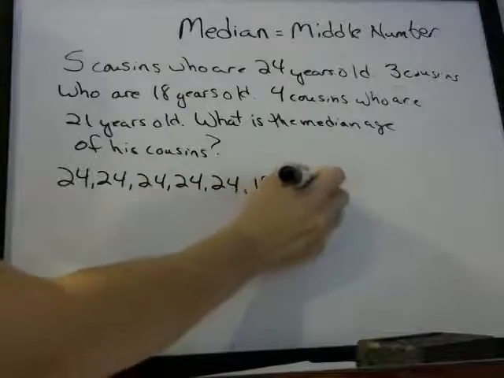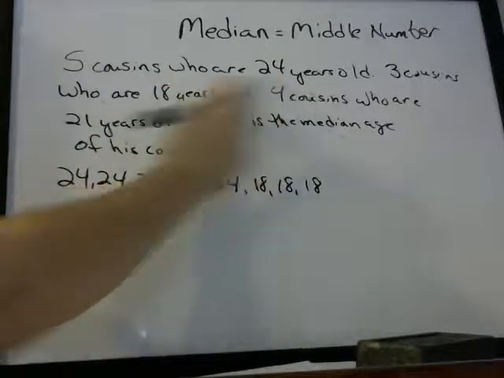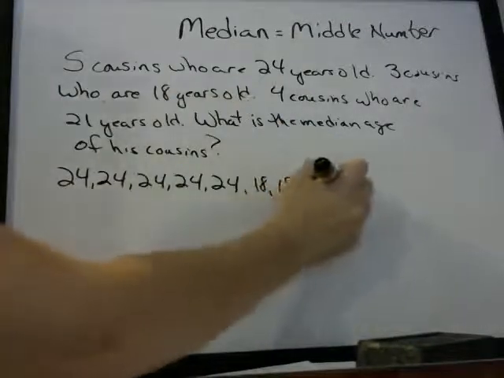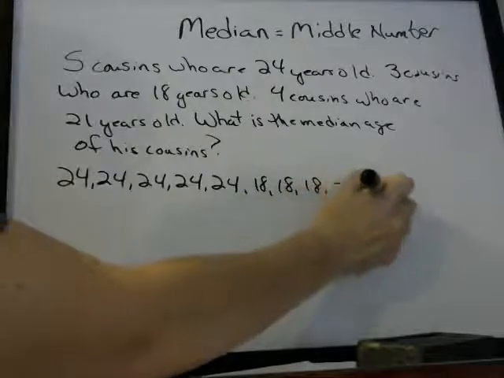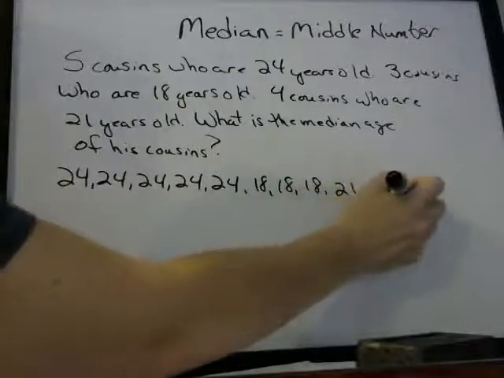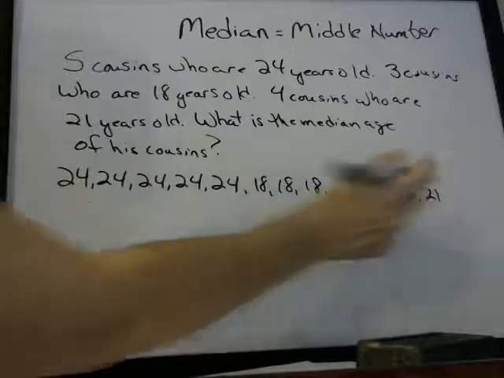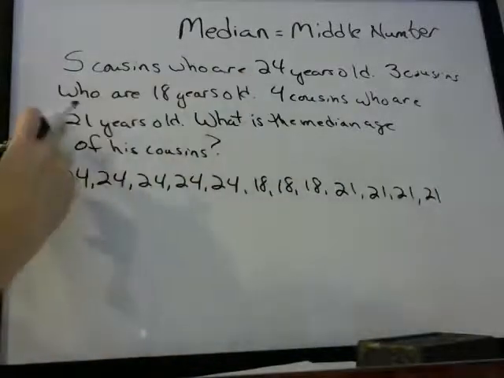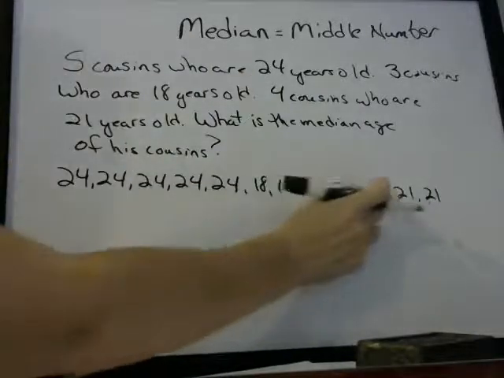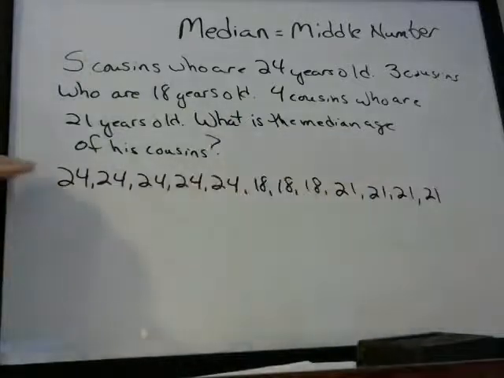So 3 are 18. And 4 are 21. So first I would just write down my data set in the way that it's given to me. So 1, 2, 3, 4, 21. So now this is our data set.